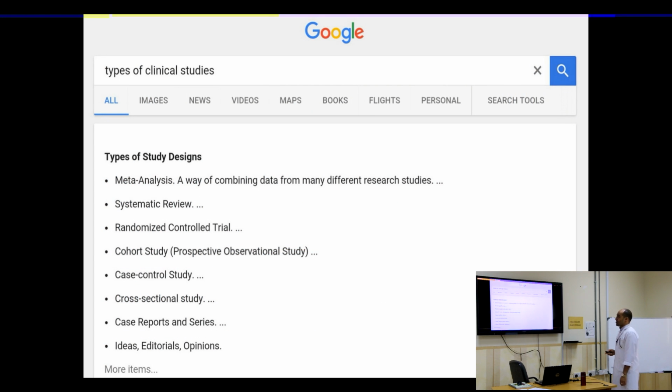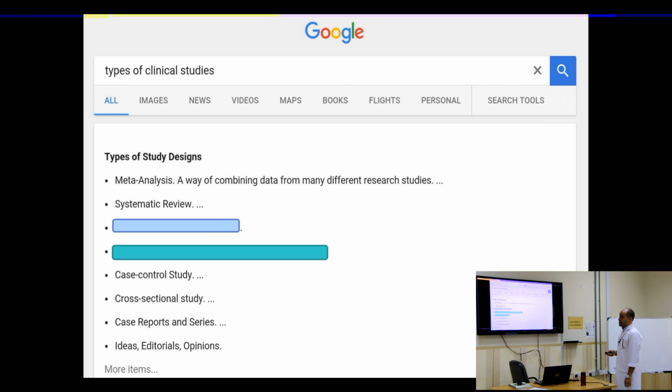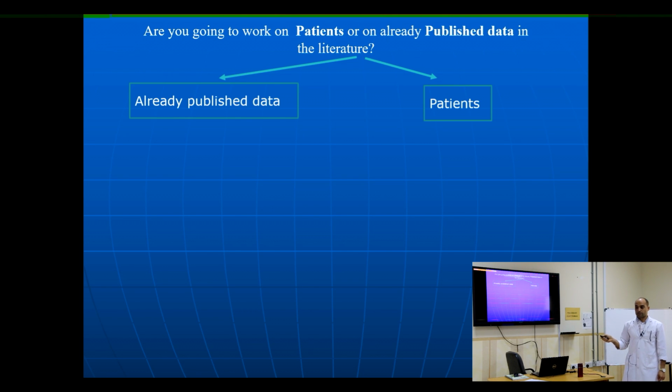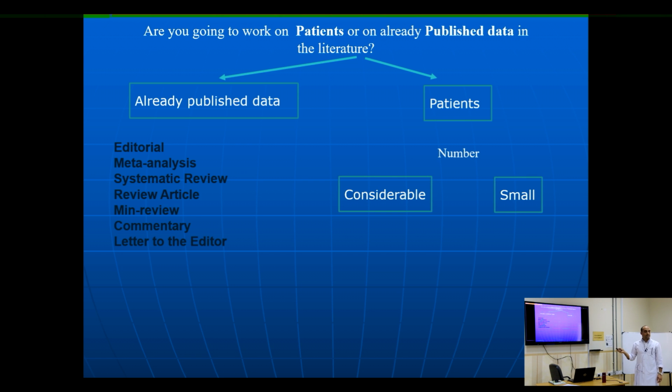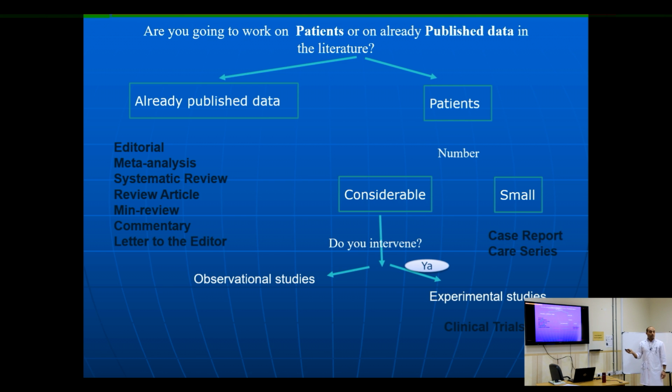Okay. So we finish those. You have to imprint the next algorithm in your mind, please. Give me a few examples for already published data. Meta-analysis, okay. If I have patients, the next domain is number. If it's a small number, if it's considerable, intervention or not.